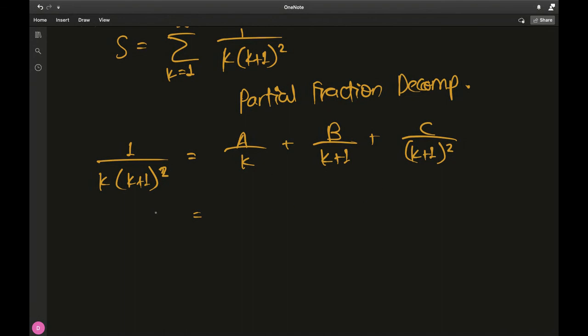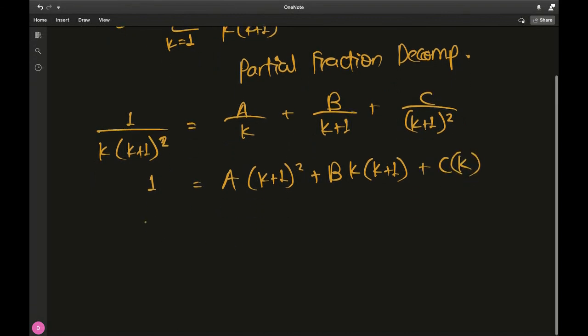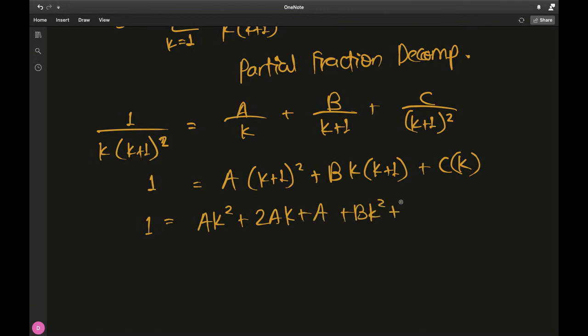So now cross multiplying and getting rid of the denominator, we have A times k plus 1 squared plus B times k plus 1 plus C times k. So 1 is equal to, now expanding the brackets, A k squared plus 2A k plus A plus B k squared plus B plus C k.